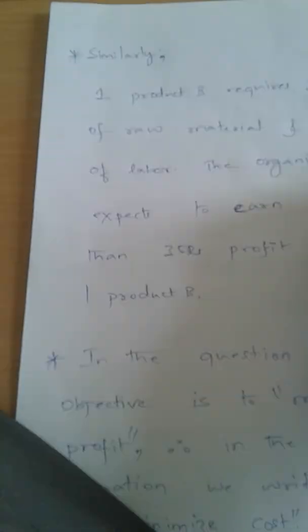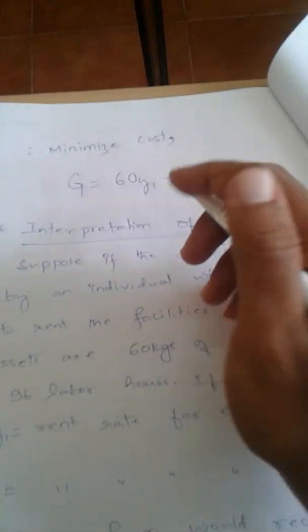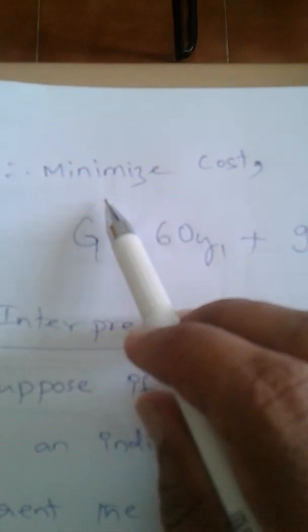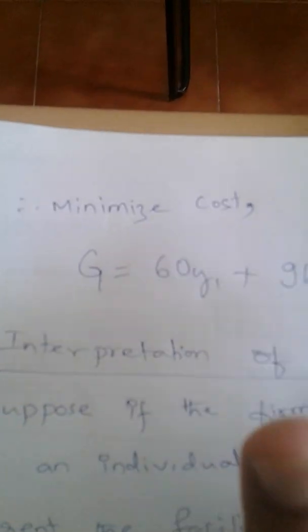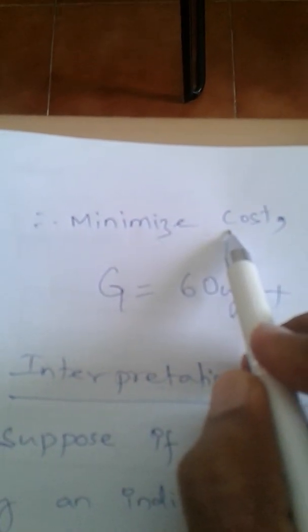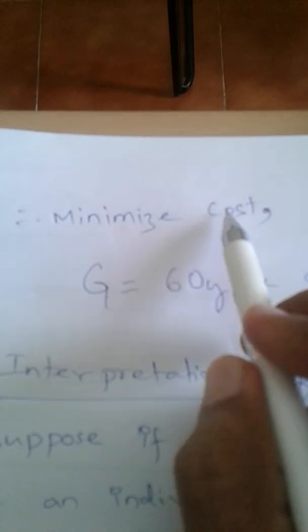It is there on the next page. So 60y1 plus 96y2 is equal to g. That will be the third equation, and this is nothing but the dual. The objective in the question was to determine the maximum profit.